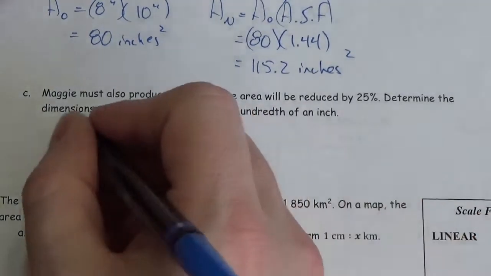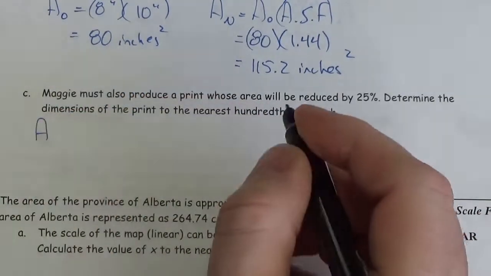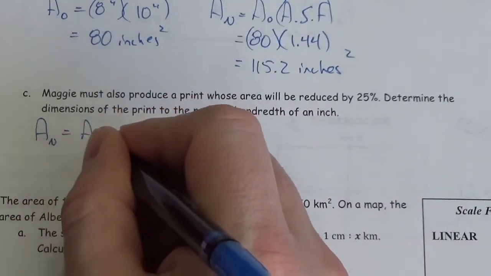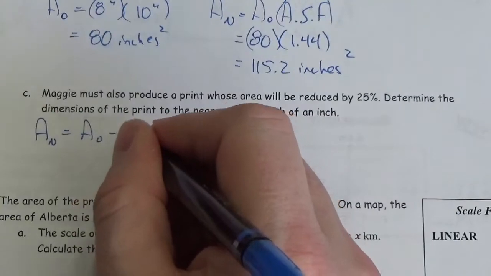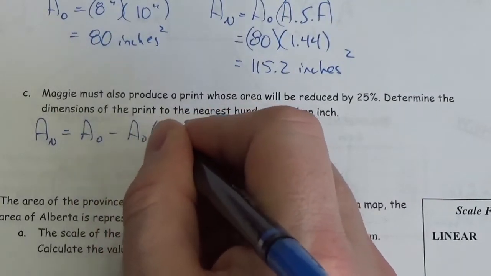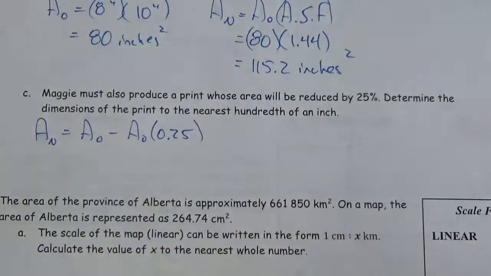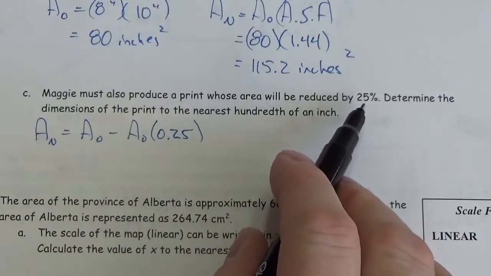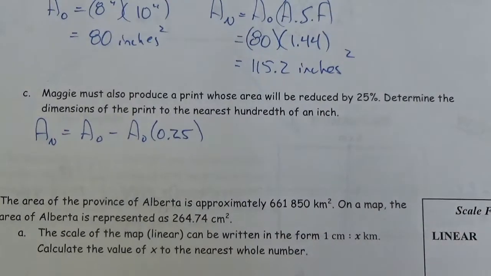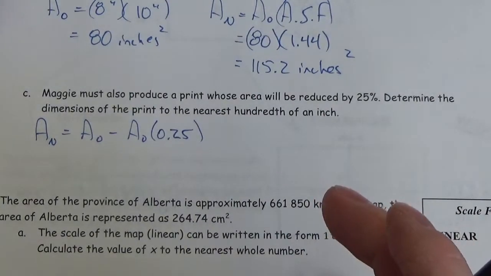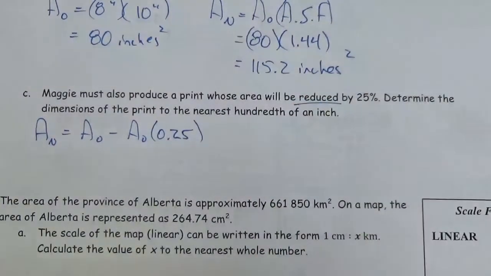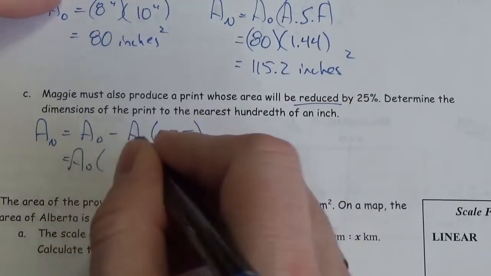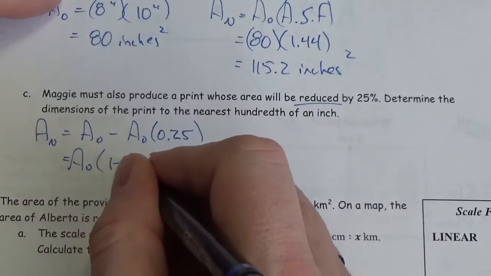That means the new area is going to be the area of the old minus 25% of the area of the old. It's really important that you catch that we're not finding 25% of the area, we're reducing it by 25%, which means when you factor out the original area, that's going to be 1 minus 0.25.